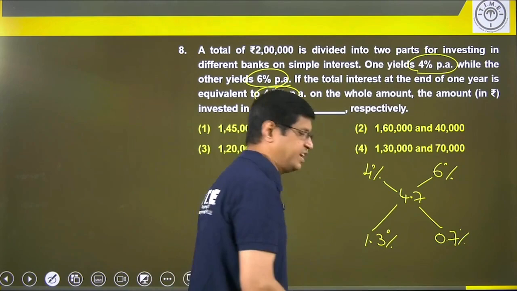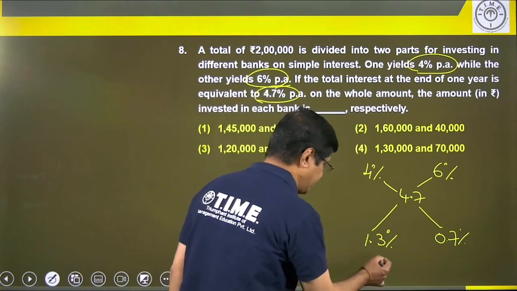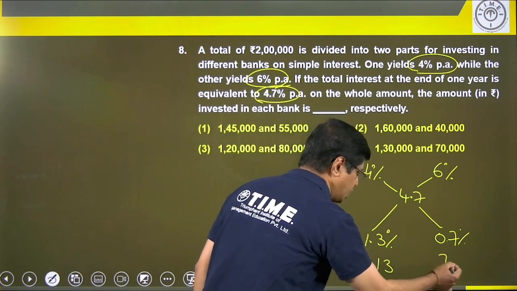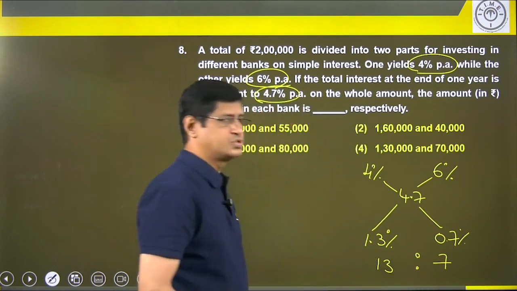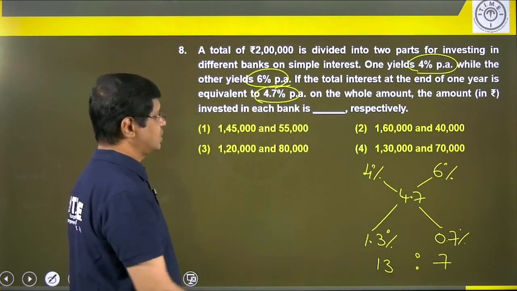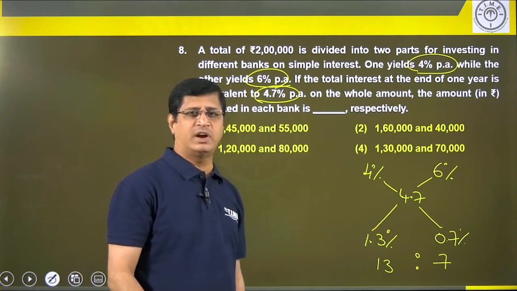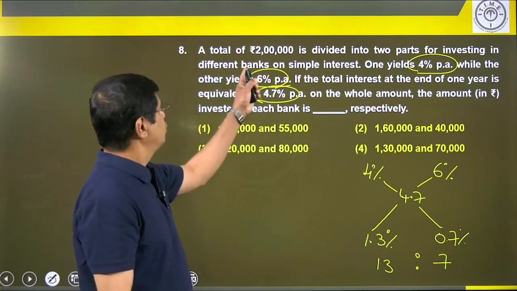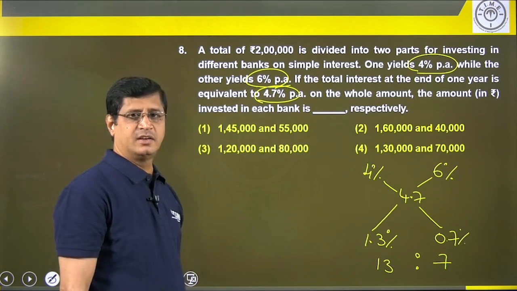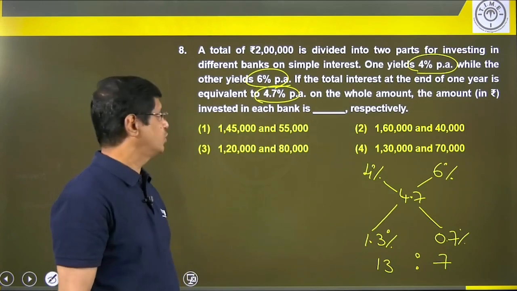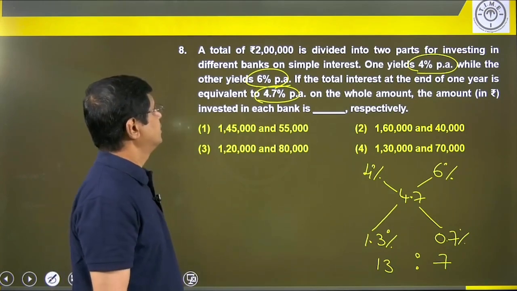Now remove the decimal as well as the percentage, and simplify it. So the values are 13:7. By adding these two we get 20 as the sum of the ratios. 2 lakh by 20 means one part is equal to how much here? 10,000.